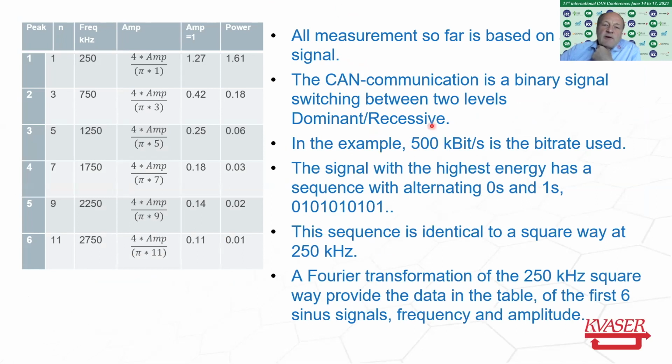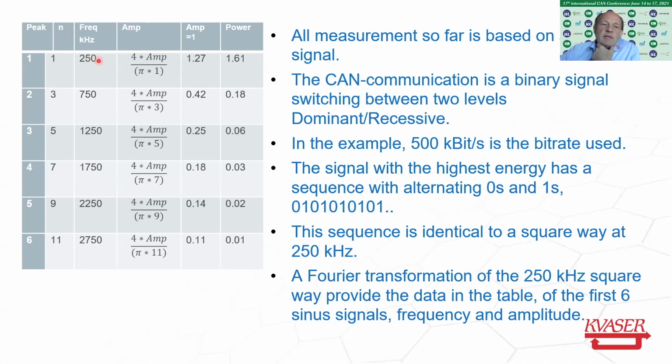So if you take 500 kilobit per second, the worst case you can have is the sequence 010101. And that's a square wave of 250 kilohertz. What you can do here is a Fourier transformation of this 250K signal to get the components in energy.